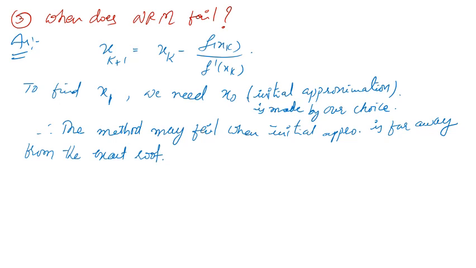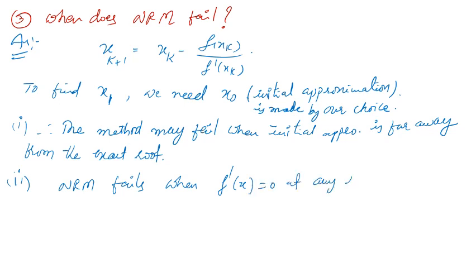And one more point. This is the first point where the method fails. And when does the method fail? NRM fails when f dash of x is equal to 0 at any root. If this denominator is 0, then f dash x is 0 means the formula does not exist.